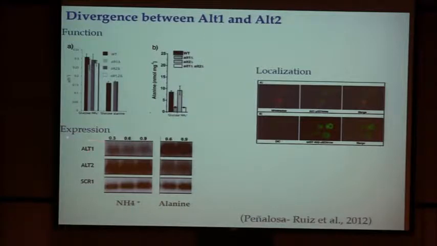In the expression, the pattern is really different. For example, L1 is induced by alanine, and in the case of L2, when you have alanine, you have a repression. In the localization, we also have divergence, because L1 is a mitochondrial protein, and L2 is a cytosolic enzyme.